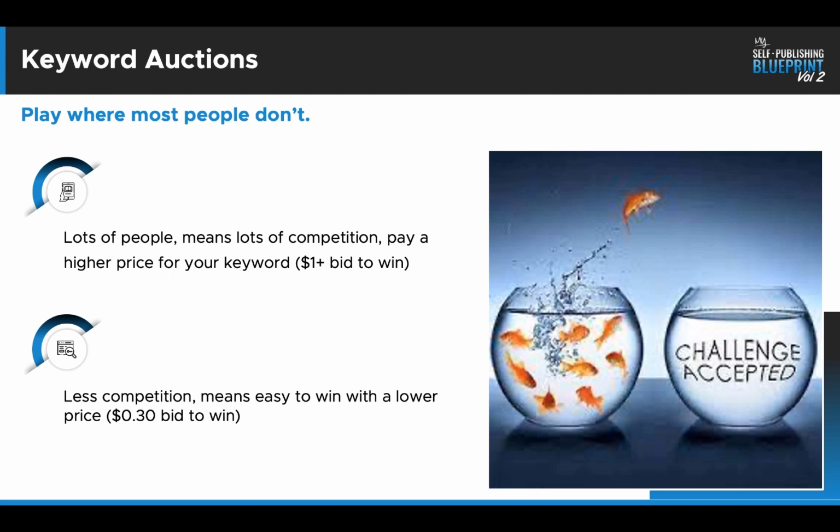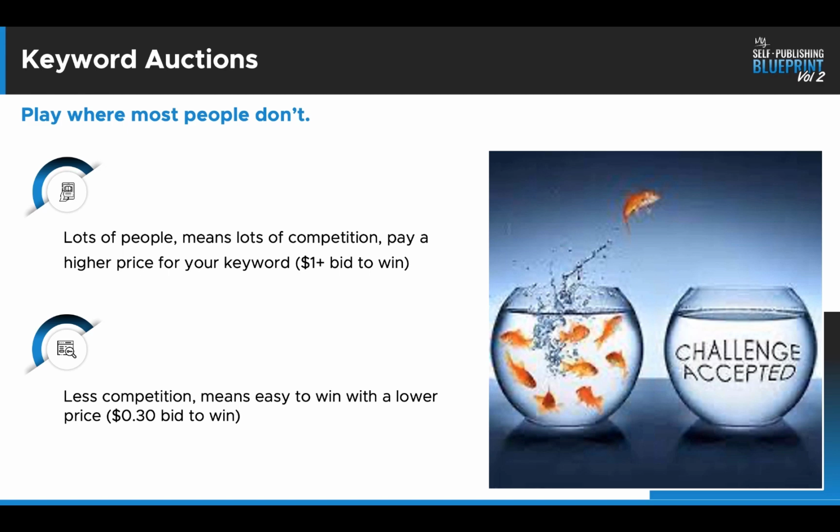So instead of everybody going after all these popular search terms, you want to find the search terms that nobody's really going after, but are super relevant to your book. Because now there's going to be less competition, which means it's easier to win with a lower price. For example, 30 cents to win the bid.